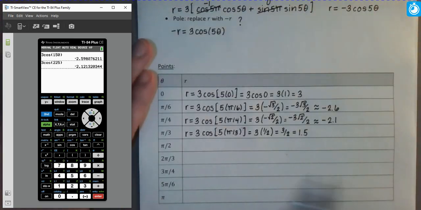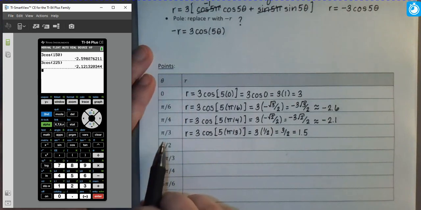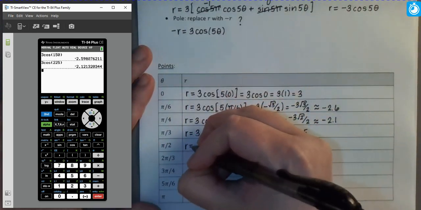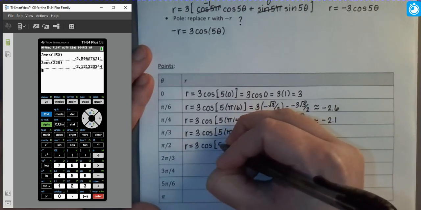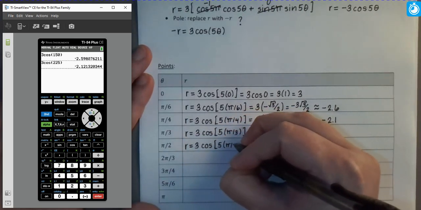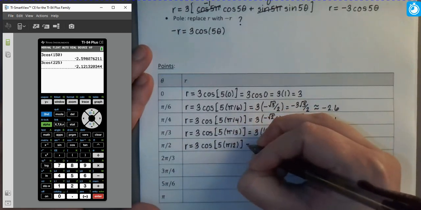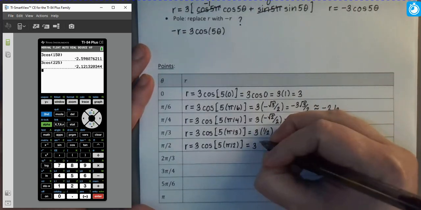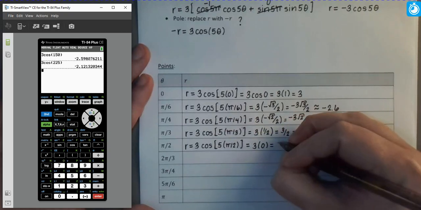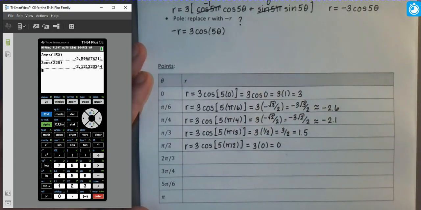So ending the first quadrant, we're now at pi over 2 radians. So r is equal to 3 times the cosine of 5 times pi over 2. Now 5 pi over 2, we don't see that value labeled on the unit circle, so we use coterminal angles. 5 pi over 2 is going to be coterminal to pi over 2. And at pi over 2 radians, we know that the cosine is 0. So that's going to be 3 times 0, which is 0.